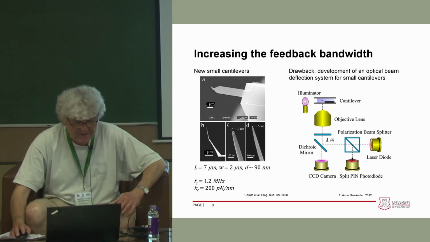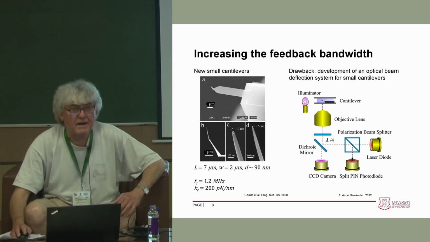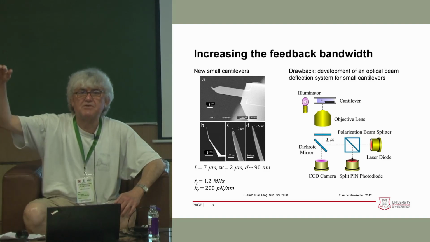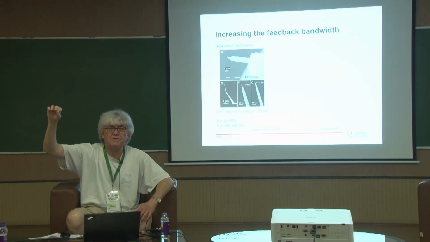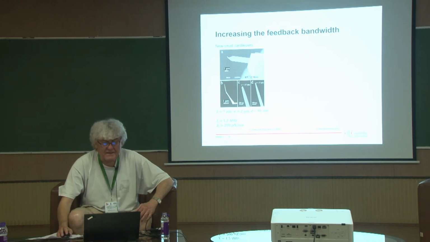The cantilevers that are now standard for high-speed AFM have a length of 7 microns. Usual conventional cantilevers have a length of 50 to 100 microns. They have a width of 2 microns and a thickness of 90 nanometers, so about 100 nanometers.